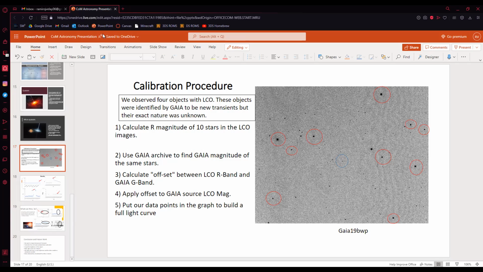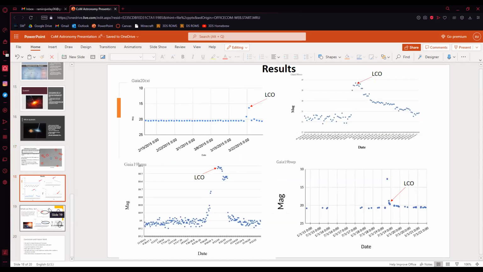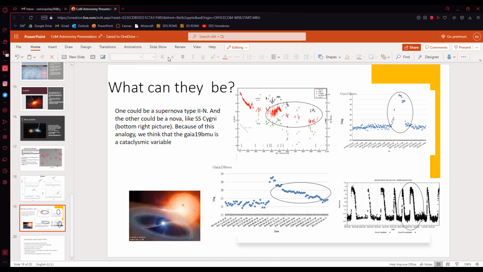Out of curiosity, you mentioned one of those you think is a supernova. Which one is the supernova? Go to the next slide, number 18. Oh, you have it there. Yeah, that's correct. 19 is fine too. So BWO is a possible supernova 2N because it had this very long tail. And the one on the top left, marked in red, is a different supernova 2N observed by a different telescope.